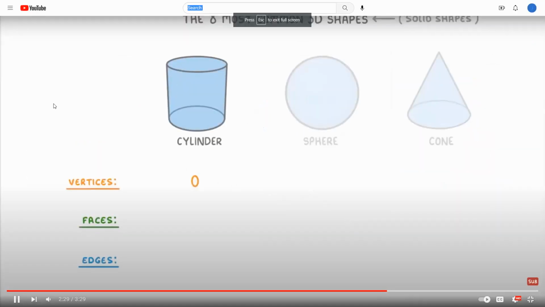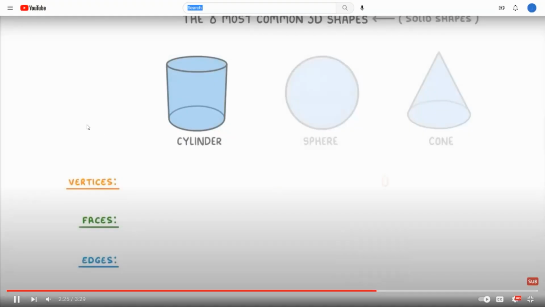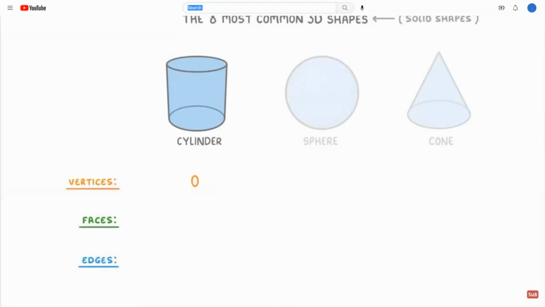Pointy corner bits. The cylinder has three faces, a flat one at the top, a curved one around the middle, and another flat one at the bottom. And then they have two circular edges, one around the top and one around the bottom.